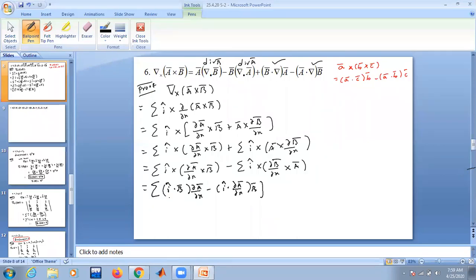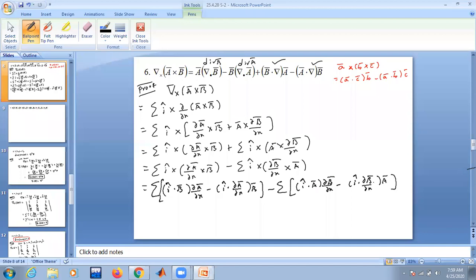That is the first notation. Minus sigma I bar dot A bar into dou B bar by dou x minus I bar dot dou B bar by dou x into A bar.